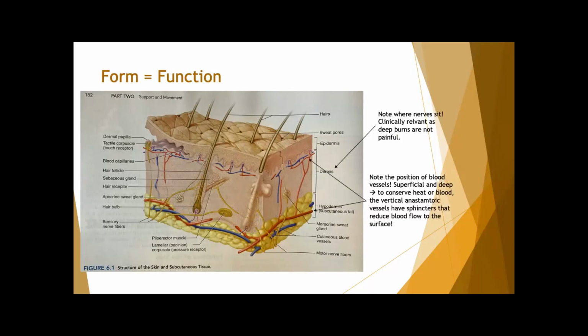And then knowing these blood vessels here. The position of the blood vessels is important because you have superficial blood vessels and deep blood vessels. This helps with heat preservation and controlling your body temperature, which once again, you can imagine if you lose this ability is really bad when you've got a burn.